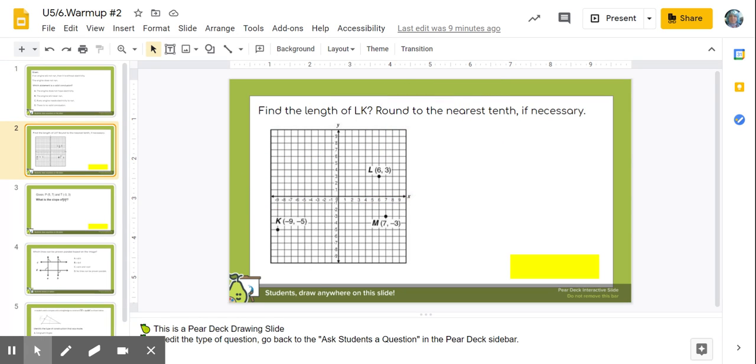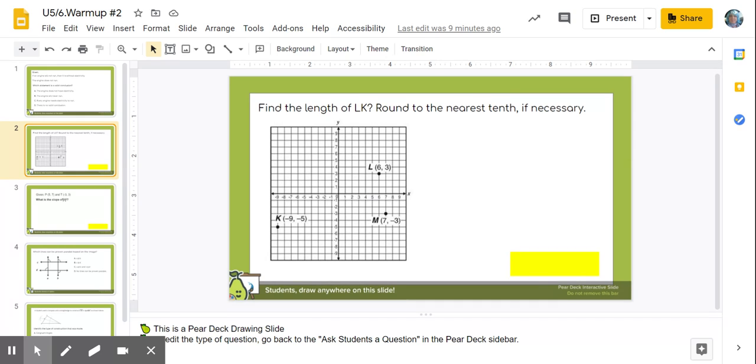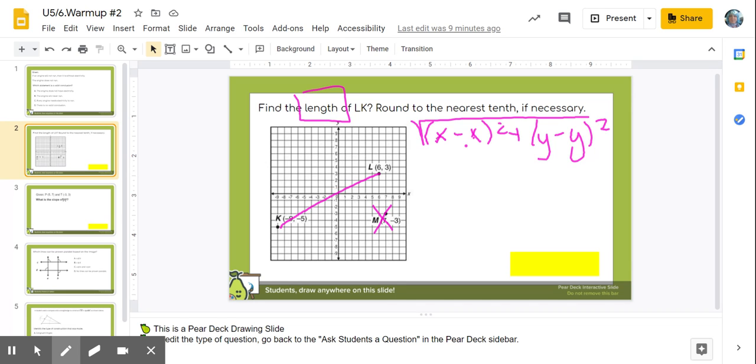In question number 2, I want to find the length. Oops. The length of LK. So I don't really care about, oh, where's my mouse? Oh, it's over on my other screen. I don't really care about point M. I want to go from K to L. So we can do the distance formula: X minus X squared plus Y minus Y squared.